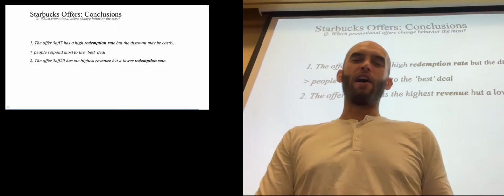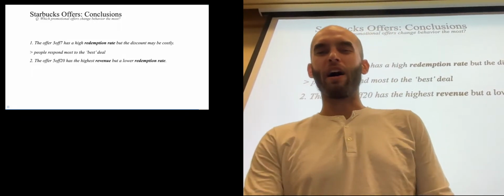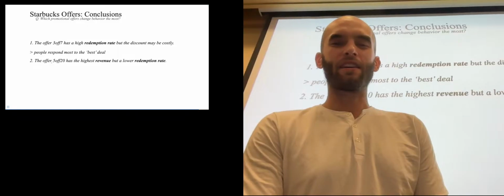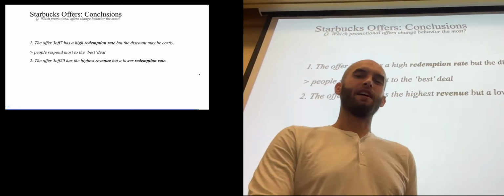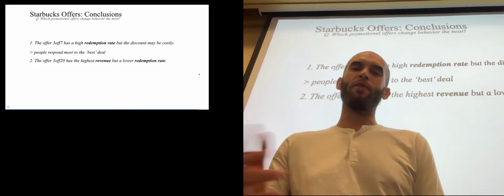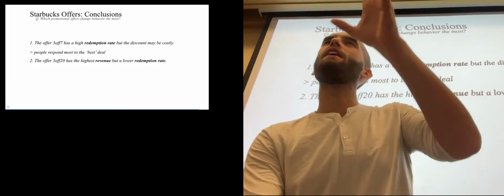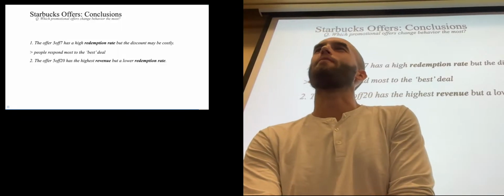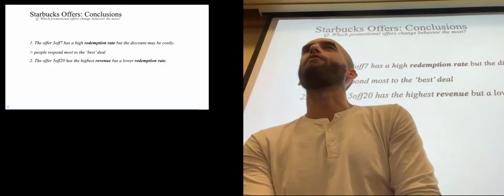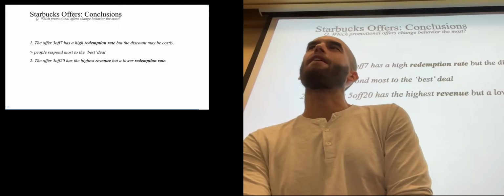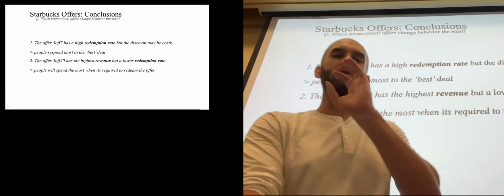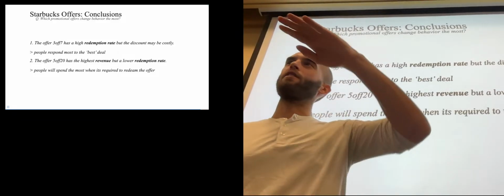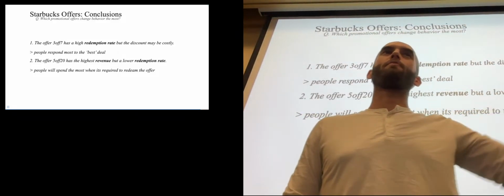The highest revenue per offer sent, I would say, is 5 off of 20. It has the highest average revenue, but the redemption rate is lower. But if we're thinking about how we change behavior so that people spend more, 5 off of 20 is moving the needle on that margin the most. People need to spend more to redeem the offer, so the bar has to be higher for total spend.